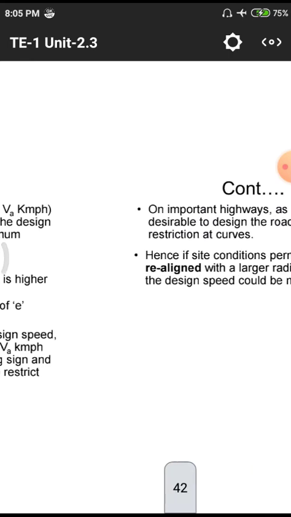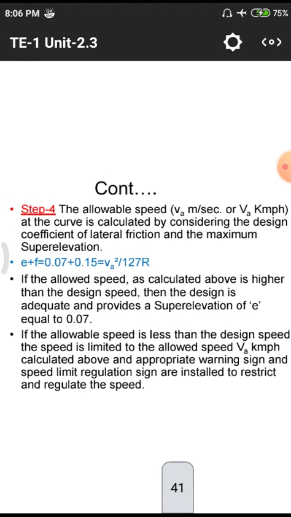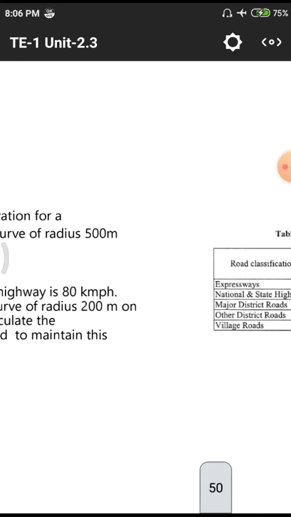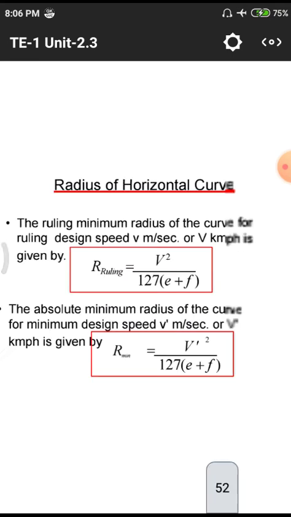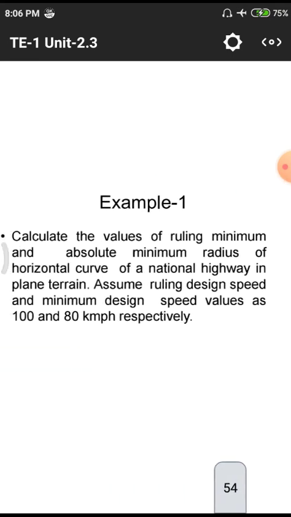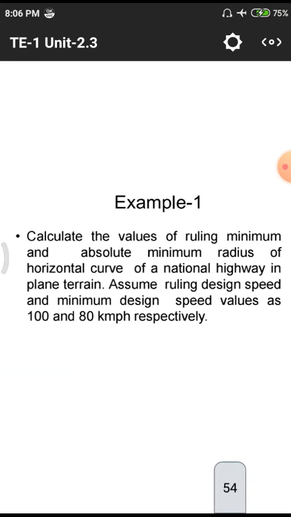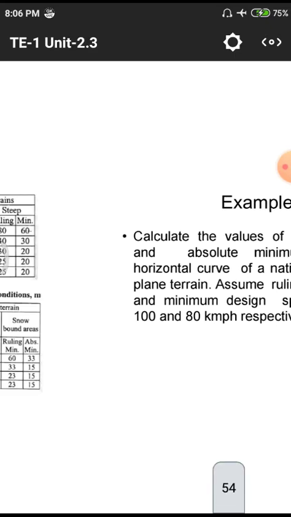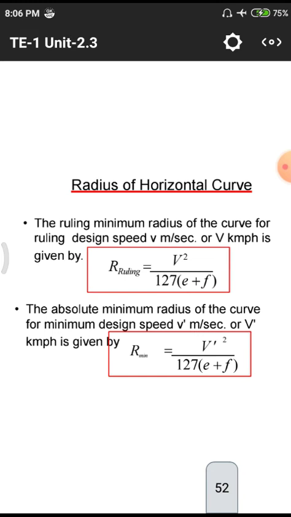These are the different kinds we have explained previously. E equal to 7 to 10%. In this problem also we need to take the minimum values and maximum values for elevation and friction. The formula is R equal to V square by 127, in the normal cases 127.